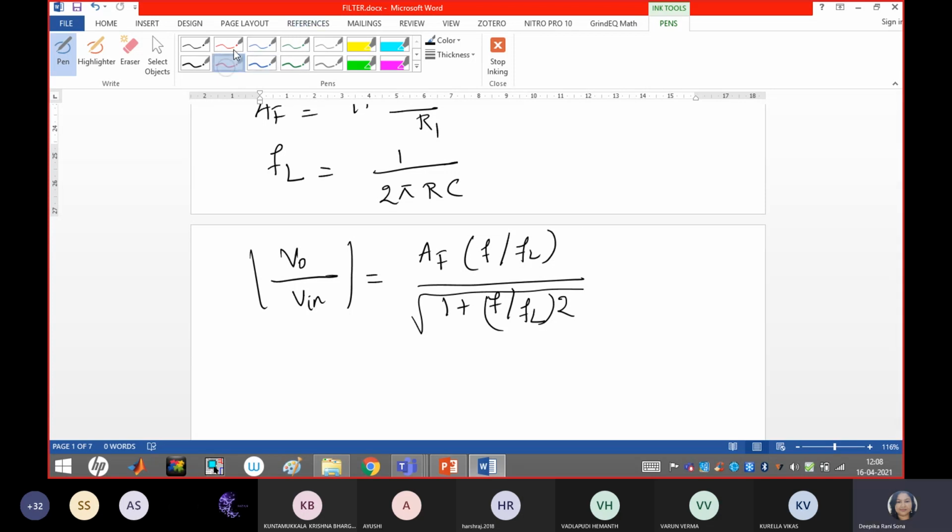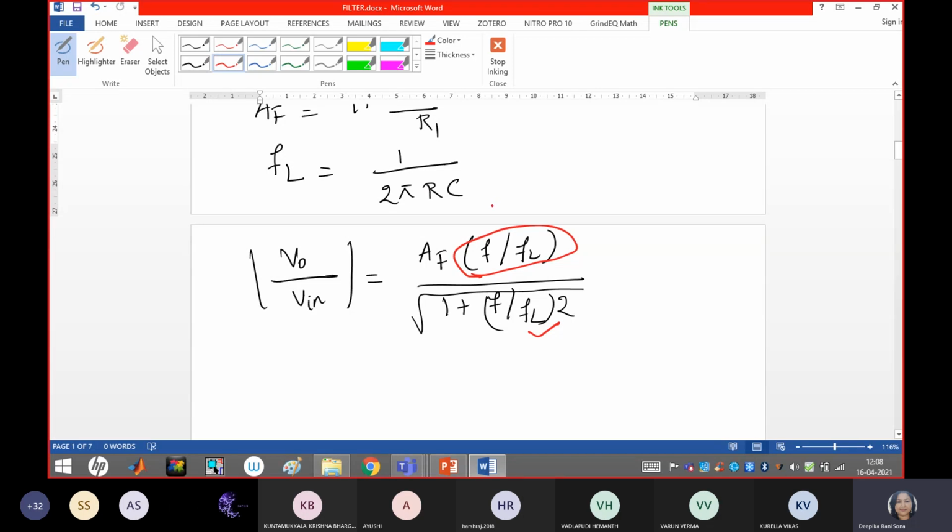Here see, F by FL is newly introduced as compared to your low pass filter first order, and now it is FL, not FH. These are the noticeable changes. Other things remain the same. So in this way you have to remember the equation for V naught by V in. Otherwise FL is same and FH is also same.